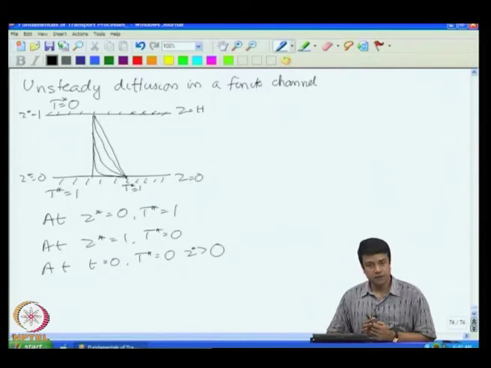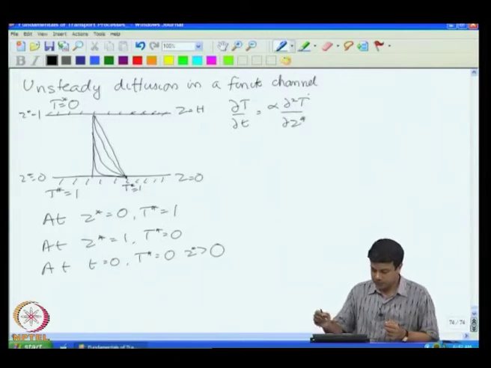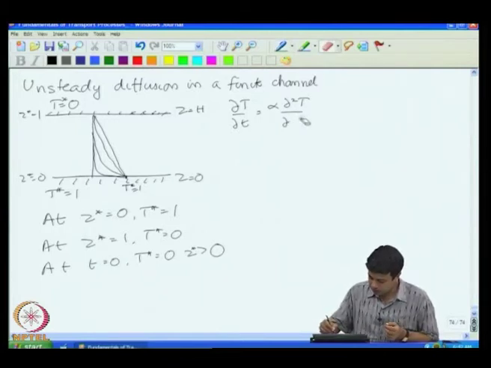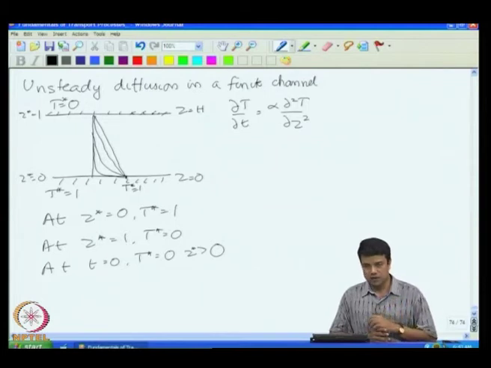The differential equation is the same as what we have derived before. Partial T by partial t is equal to alpha partial square T by partial z square. The differential equation is the same as before. And now, I said it is always a good idea to define dimensionless groups, to non-dimensionalize the variables.